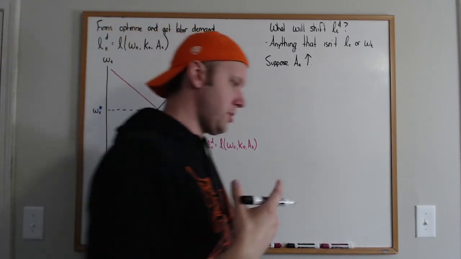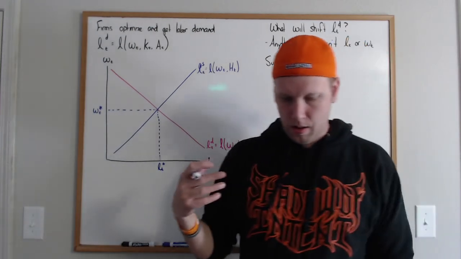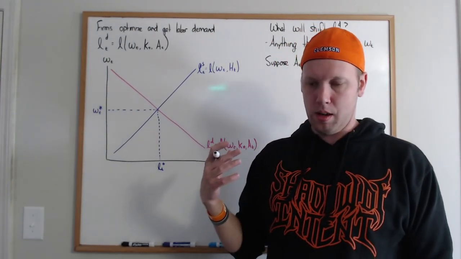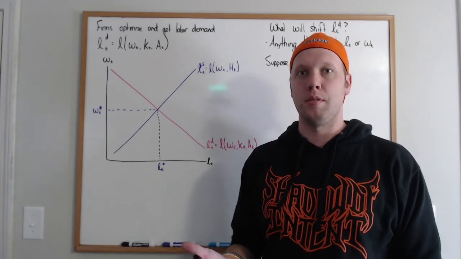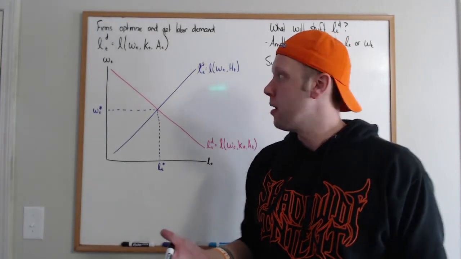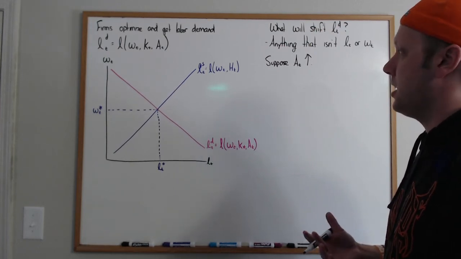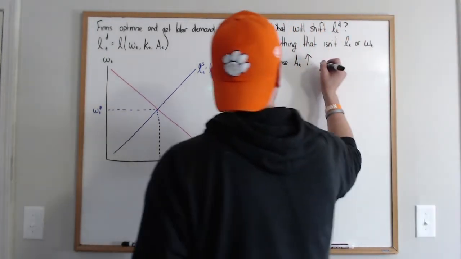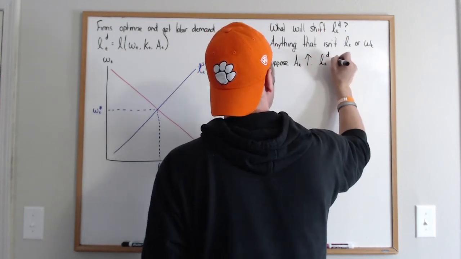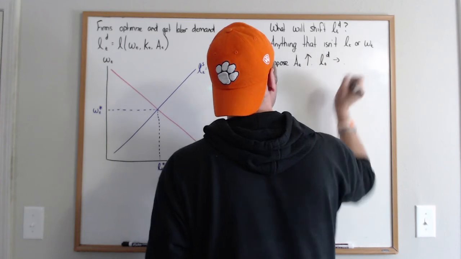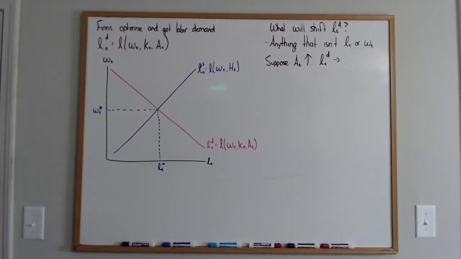Well, if firms can produce stuff more efficiently, without going through all the mechanisms on how that works, because that would kind of defeat the purpose of this entire set of lectures. If there's a positive technology shock, when that happens, labor demand will shift out. Firms will demand more labor.